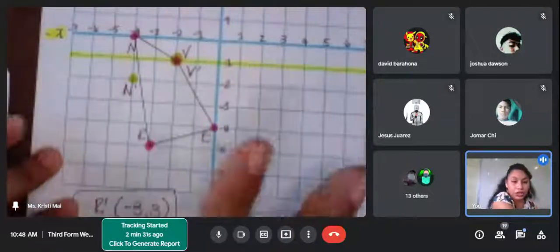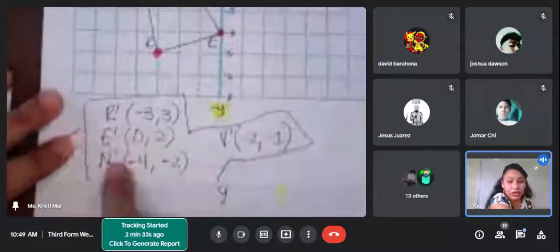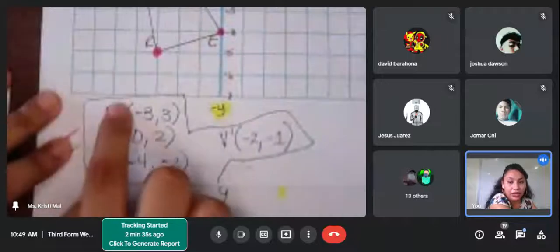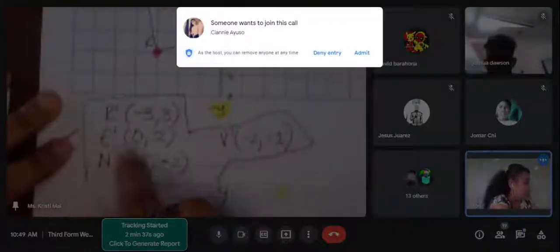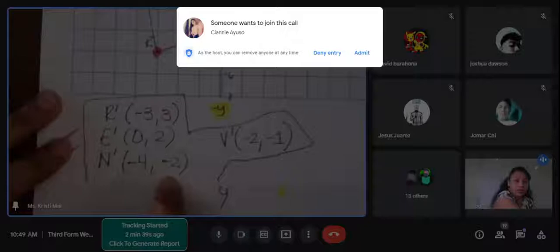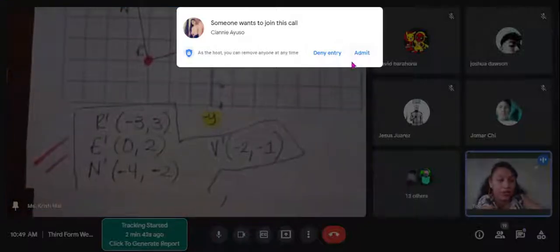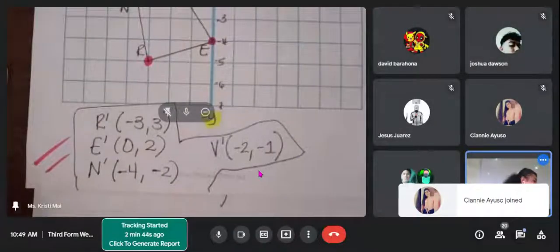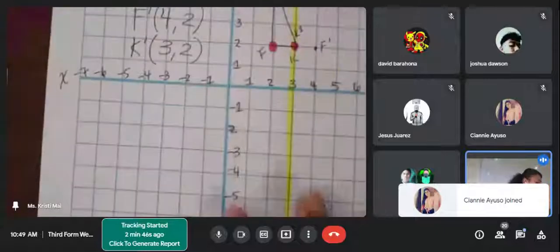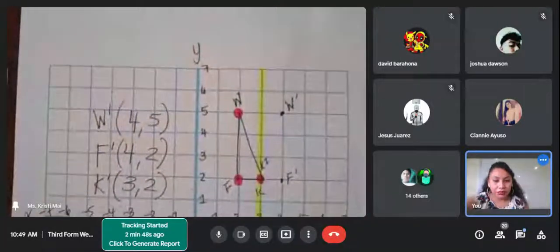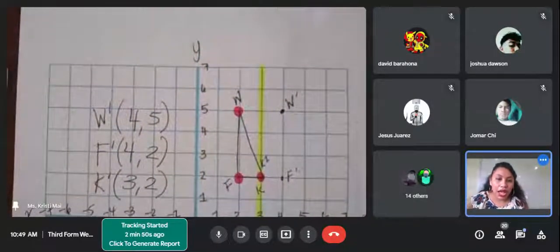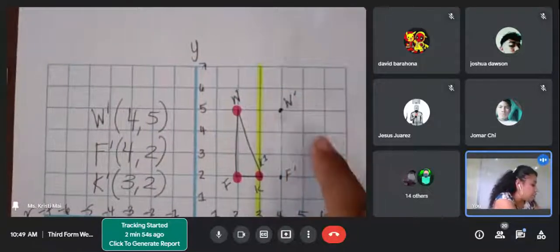Okay, and this was question number two, and we had said that these were the answers, where you had R1, E1, N1, and V1. For the third question, this was the graph that we had, the image, and we reflected this image and got new points.